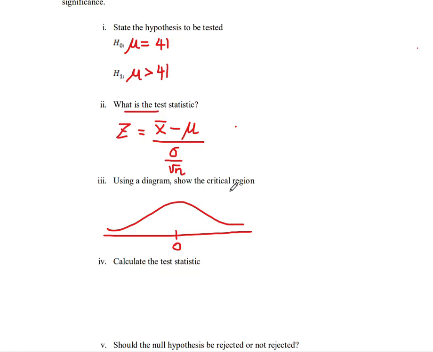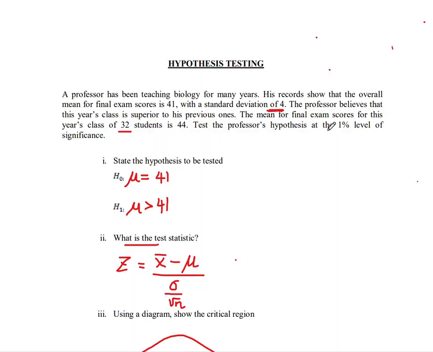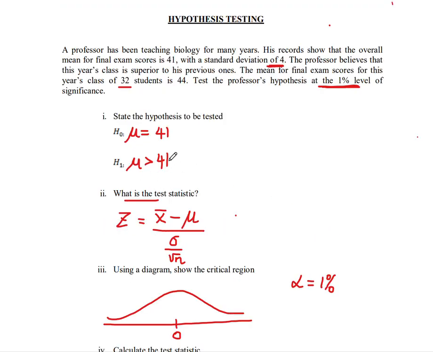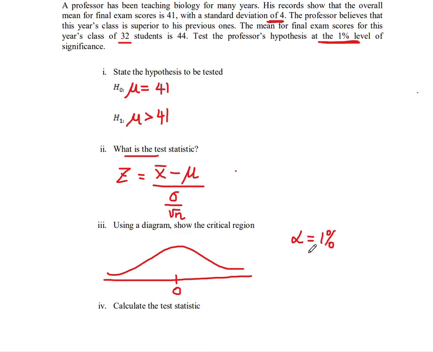In order to come up with this critical value, we need to use the level of significance of the test, which is 1%. So the level of significance of the test is alpha equal 1%. Alpha represents the level of significance. Once it's a one-tail test, which this is, and we know it's a one-tail test because the alternative hypothesis has a greater than sign. If it had a less than sign, it would have also been a one-tail test.